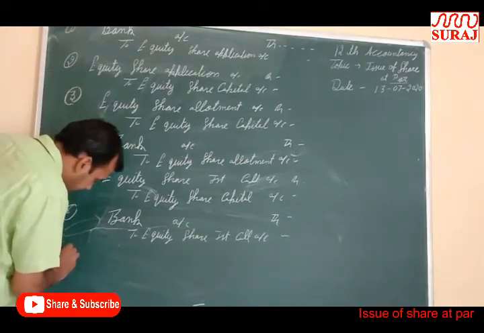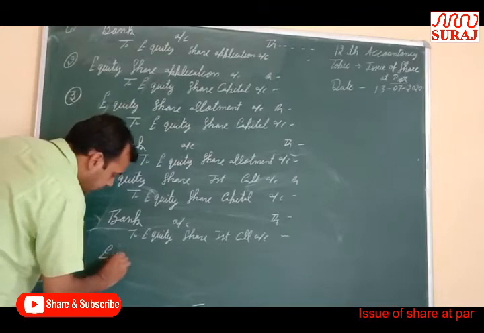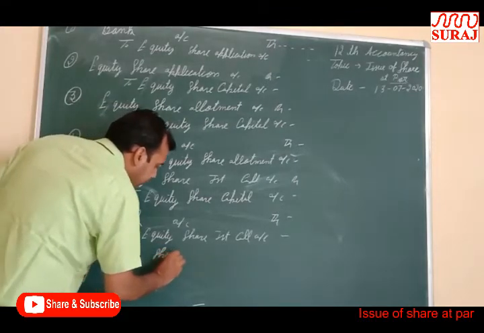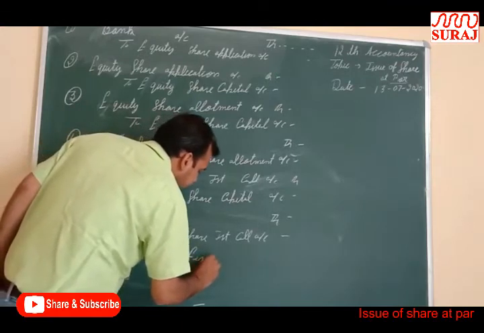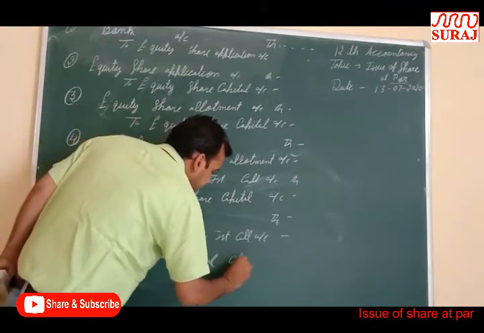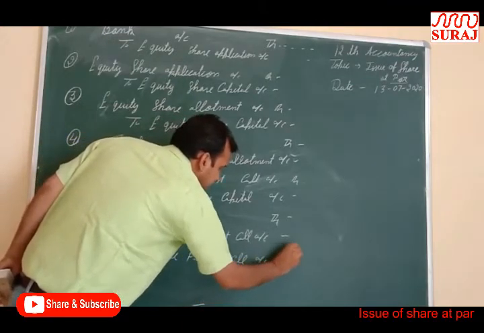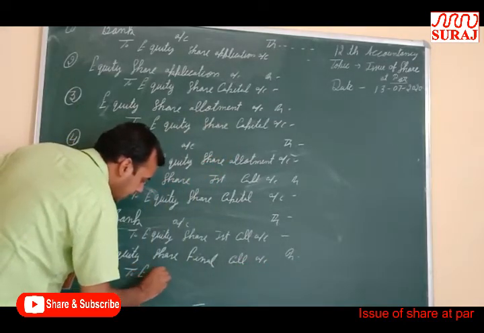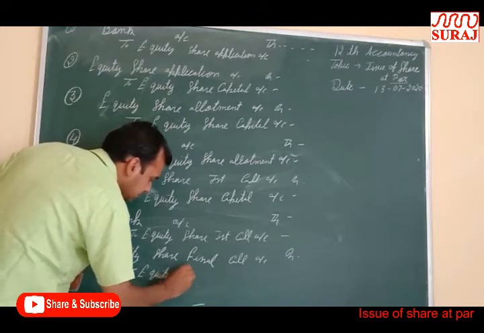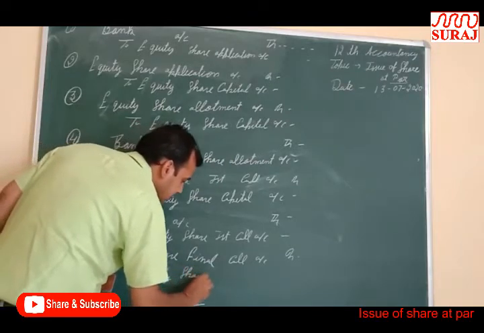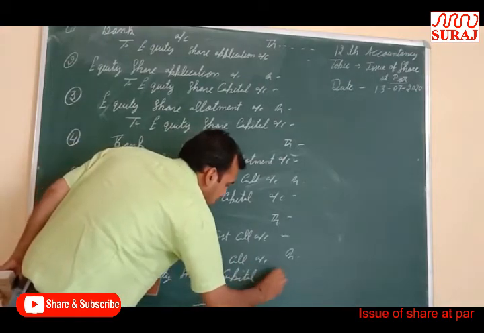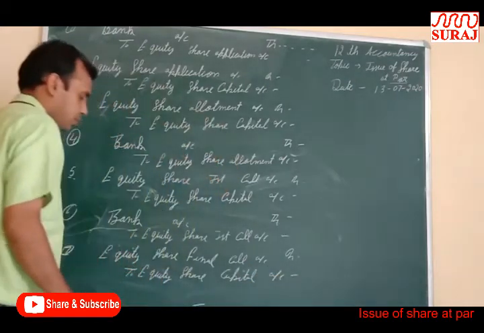When final call money is due, then your entry will be passed: equity share final call account debit to equity share capital account, for final call money due.